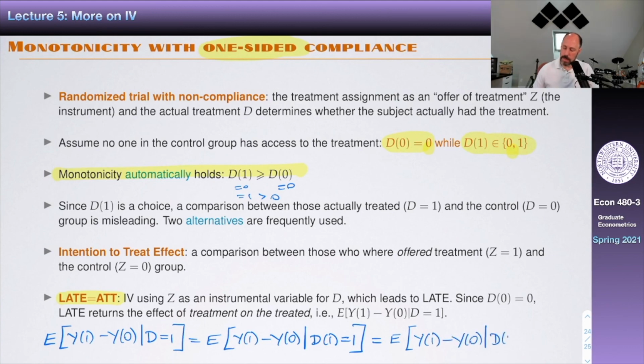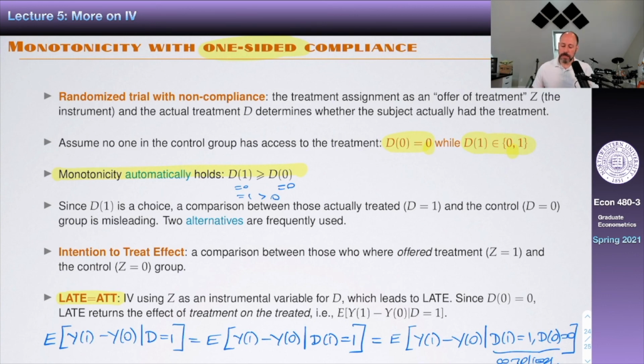So this is the same as conditioning on the event D1 equal to 1 and D0 equal to 0. All these are the compliers. So with one-sided compliance, the average treatment effect on the treated is the LATE, or the other way around. It's just an interpretation feature, and doesn't change much about what you can do or get out of this. It's just a feature of the model.